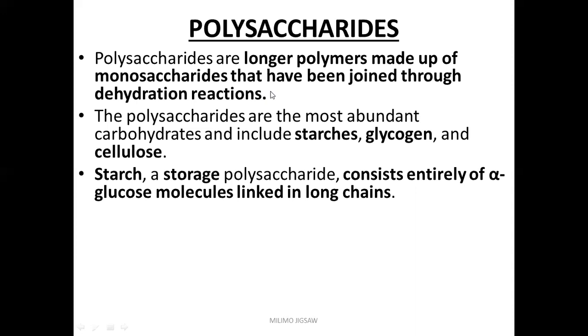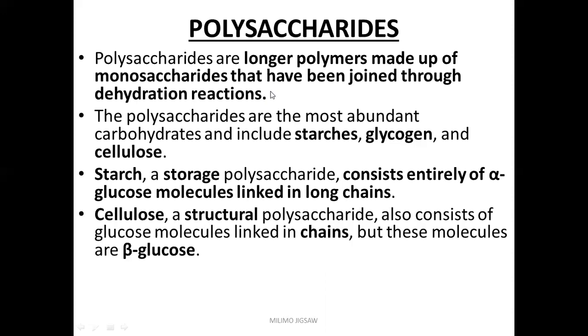As we noted during the class on macromolecules, starch is a storage polysaccharide that is found in plants, and it consists entirely of alpha glucose molecules linked in long chains.